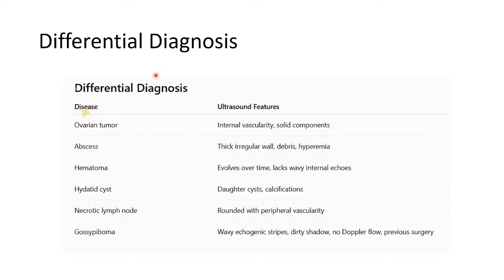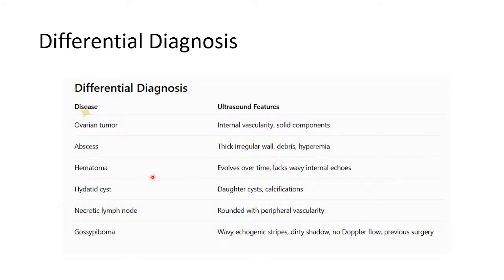So what are the differential diagnoses when you see a mass that looks like a gossypiboma on ultrasound? Disease, ovarian tumor, abscess. The ovarian tumor has internal vascularity and solid components. Then abscess has thick walls, debris, and hyperemia.